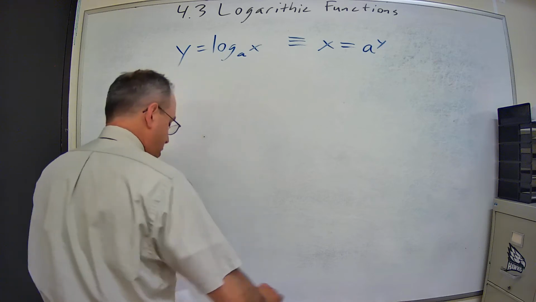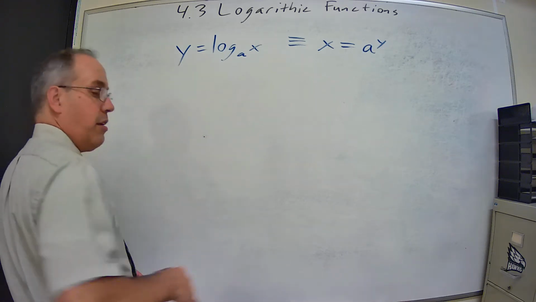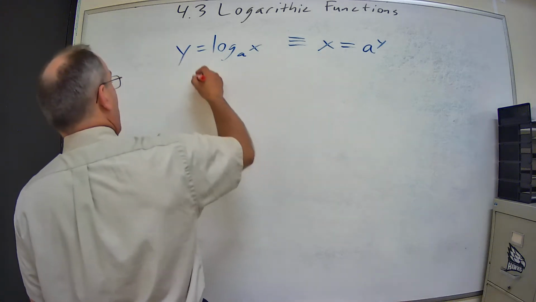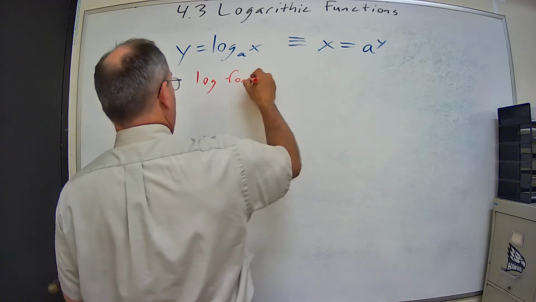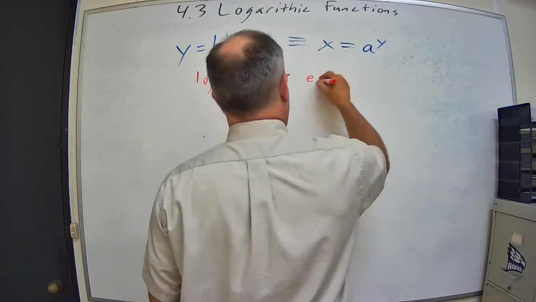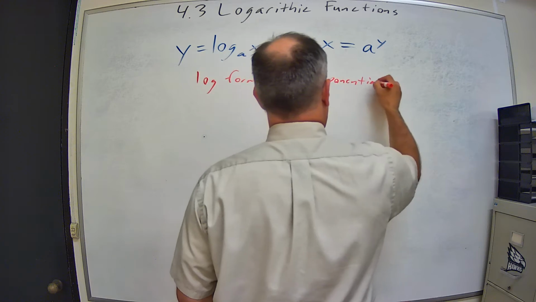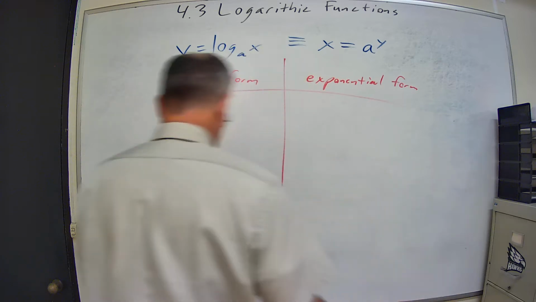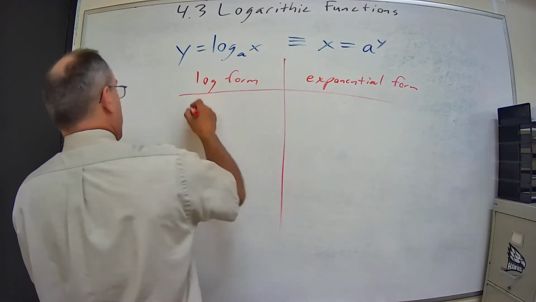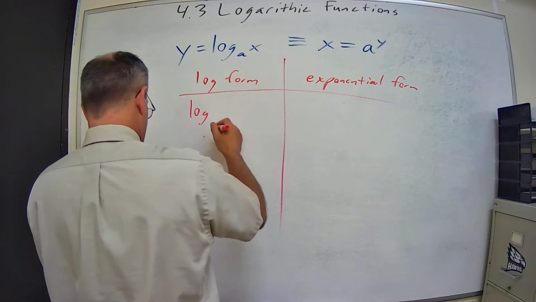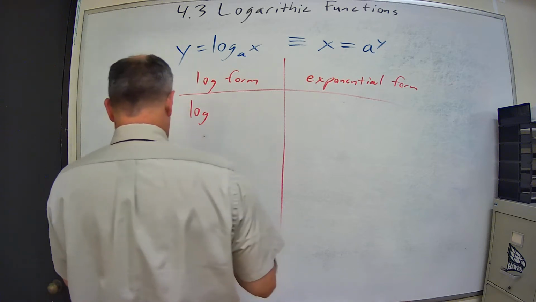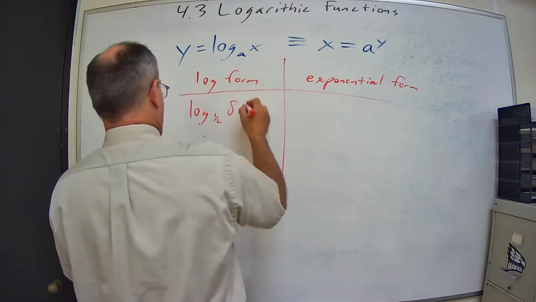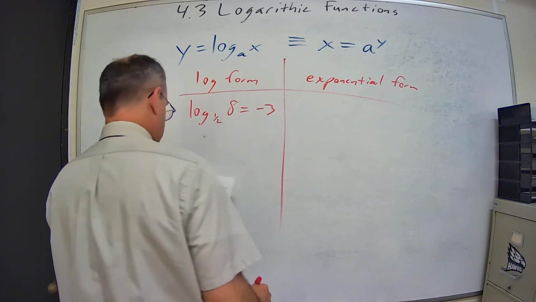So actually, I'm going to leave that up there, and we're going to fill in a table. So we're going to put log form over here, exponential form over here, and let's start with log base 1/2 of 8 is equal to -3.